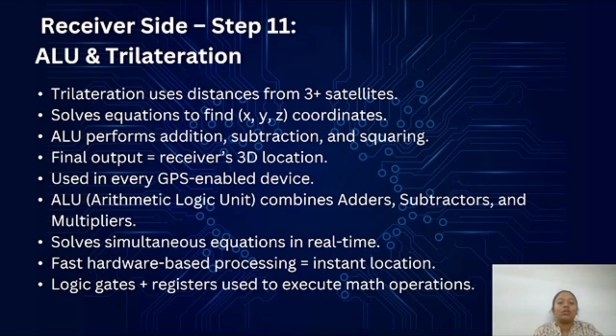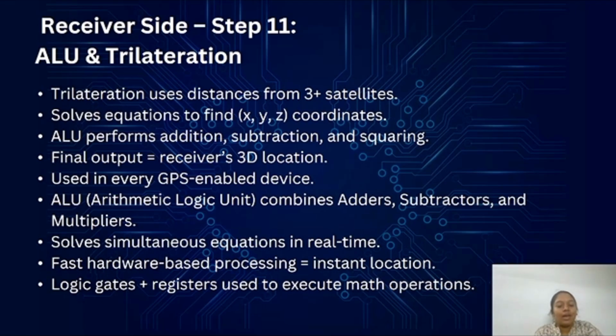ALU is the arithmetic logic unit. Inside the ALU, there are adders, subtractors, and multipliers, which work together to solve equations. Each satellite signal gives an equation, and the ALU solves these equations and determines where you are right now, at which latitude and longitude.